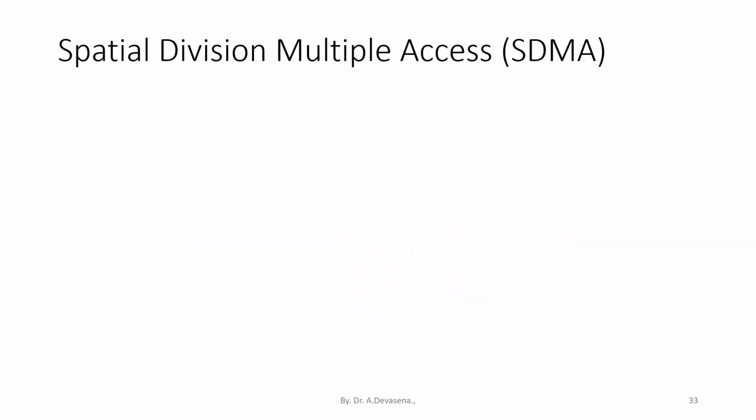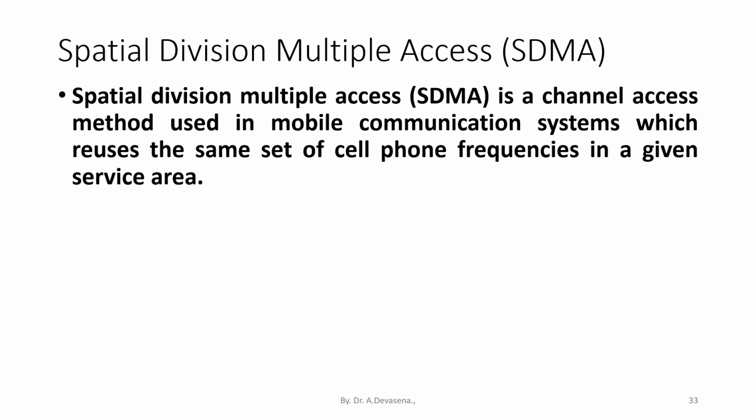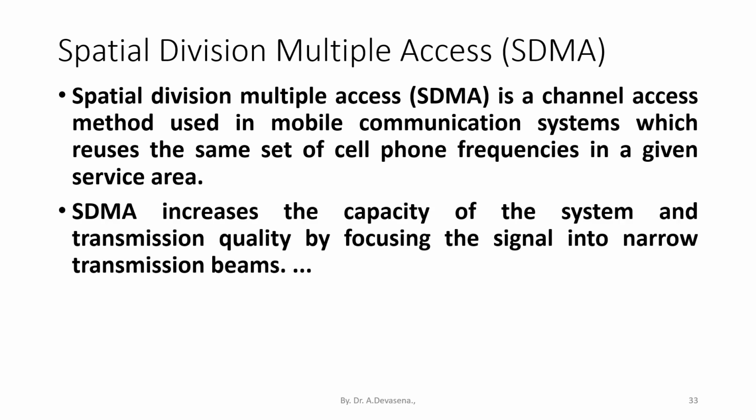Let us discuss Spatial Division Multiple Access, that is SDMA. Spatial Division Multiple Access is a channel access method used in mobile communication systems which reuses the same set of cell phone frequencies in a given service area.